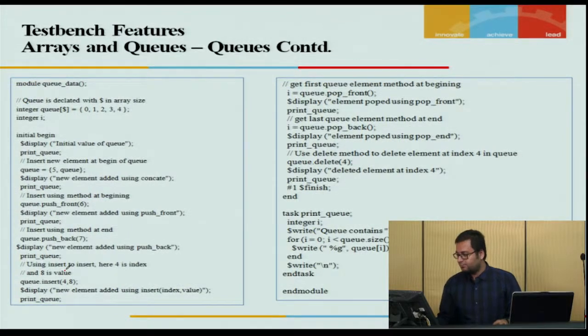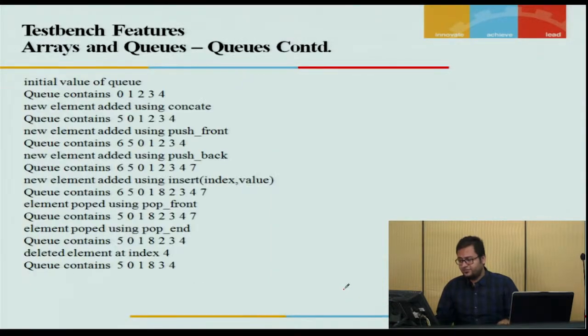And then you are using pop functions, different versions of pop, like pop front and pop back, where you are assigning values to i, the first element of the queue, and the last element of the queue. The print queue just iterates over the queue size and prints all the values inside the queue at different locations. As has been said before, this is the original queue which we had, 0 1 2 3 4. Then we have 5 0 1 2 3 4 after the concatenation step.